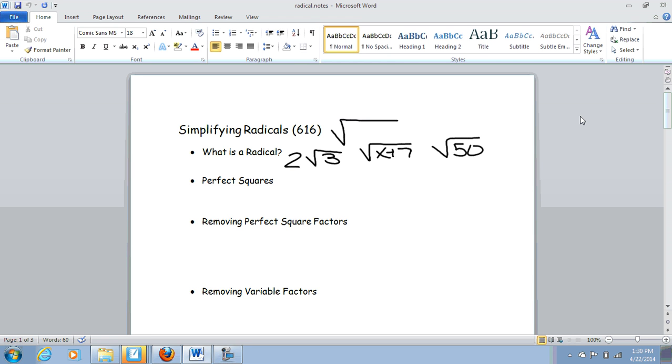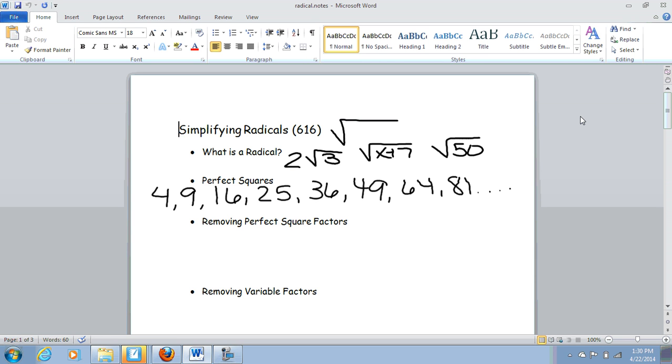If you recall back when Mr. Nashin was here, we encouraged you to memorize maybe the first 20 perfect squares, like 2 squared is 4, 3 squared is 9, 4 squared is 16, 25, 36, 49, 64, 81, and so on, 100, 121, 144, etc.